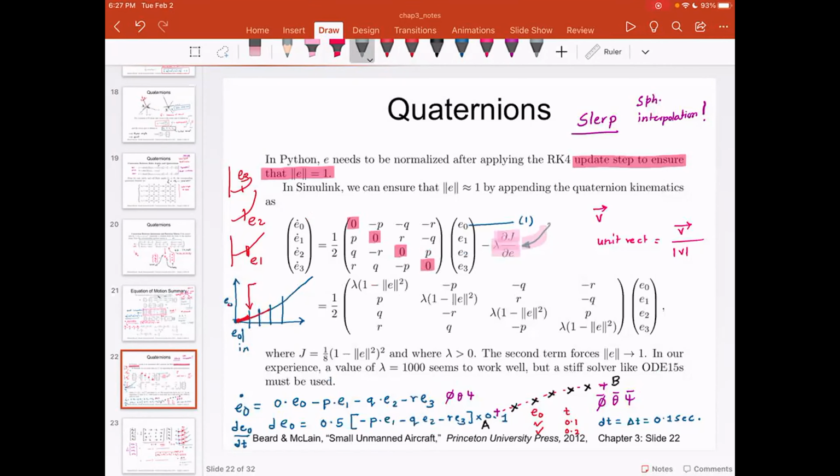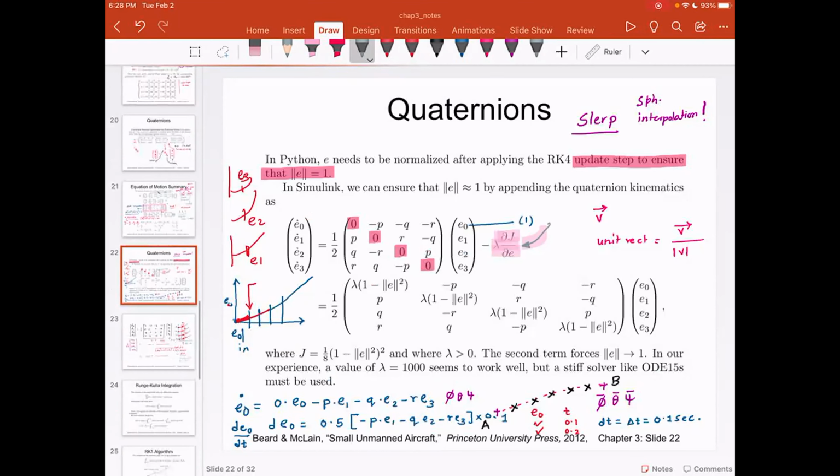This constraint equation will make sure that your differential equation for the quaternion is normalized at every time step. So please keep this in mind. This is a very neat trick that is used in inertial navigation.